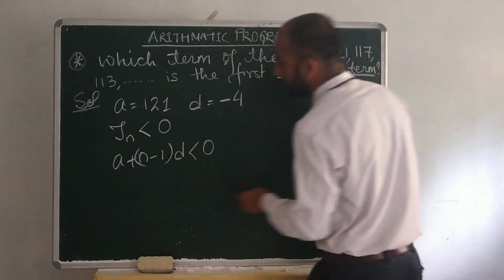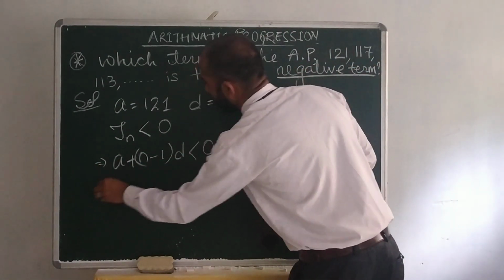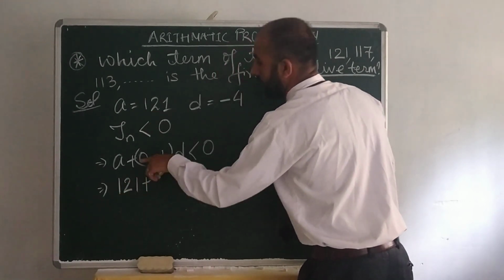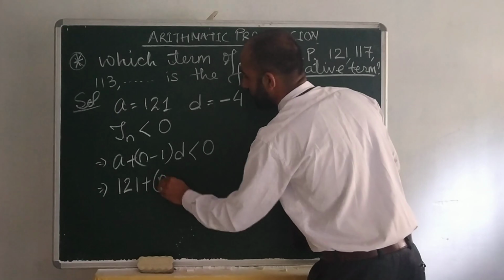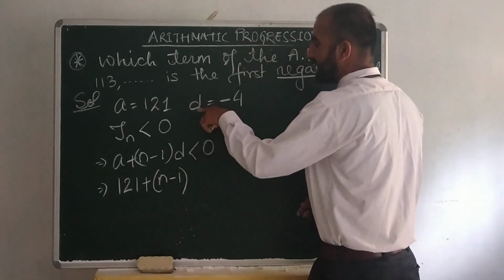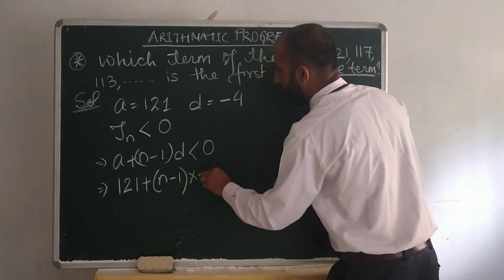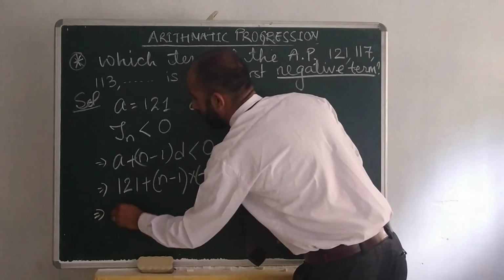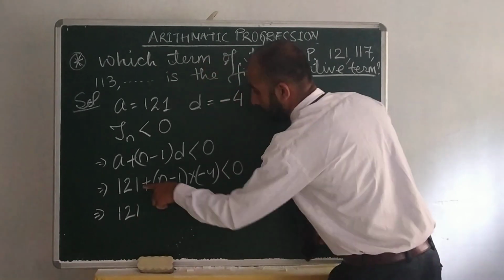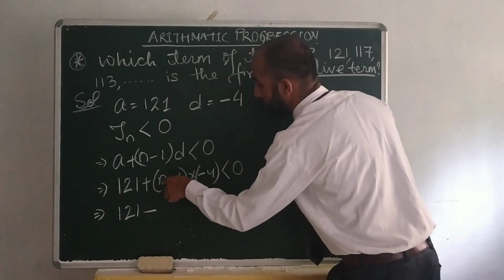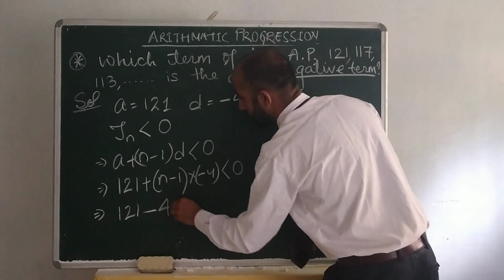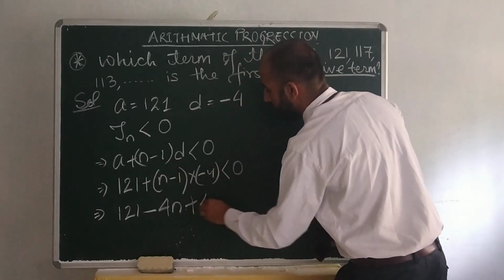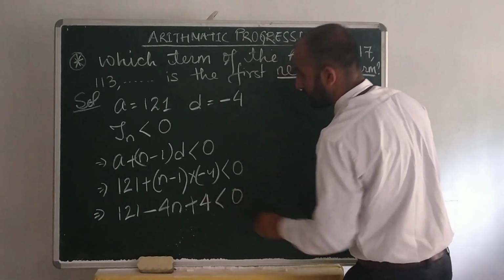Okay, let's move on. So a is 121, plus n, which is not given to us, we are supposed to find, and d we have got minus 4, is less than 0. So 121 plus (n minus 1) into minus 4: minus 4 into n is minus 4n, and minus into minus is plus 4.